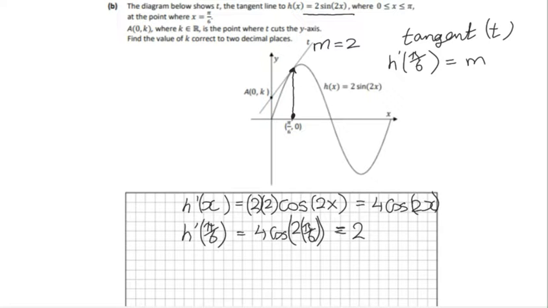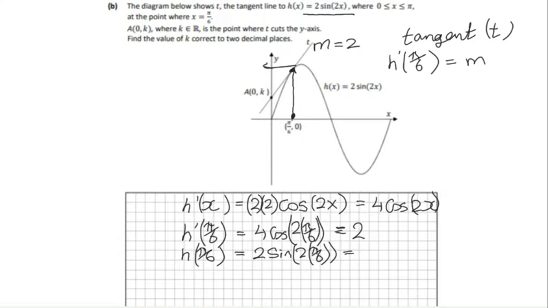Let's get the y value on the graph. So we'll go back to the original equation and substitute in pi over 6 to get the y value of the point of contact. So that will be 2 sine 2 pi over 6, which is equal to 2 sine of pi over 3.